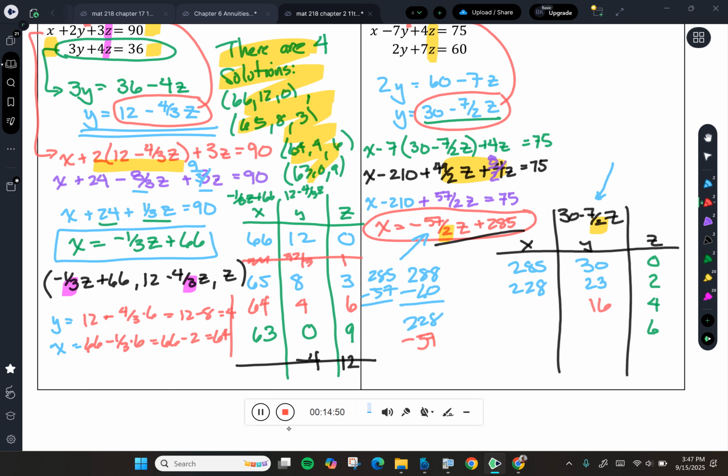I don't like that. So let's make that 231 minus 60. So that's 201 minus 3, so 171. Sounds good. 171. Z goes up by 2. Y goes down by 7, so we're to 9.